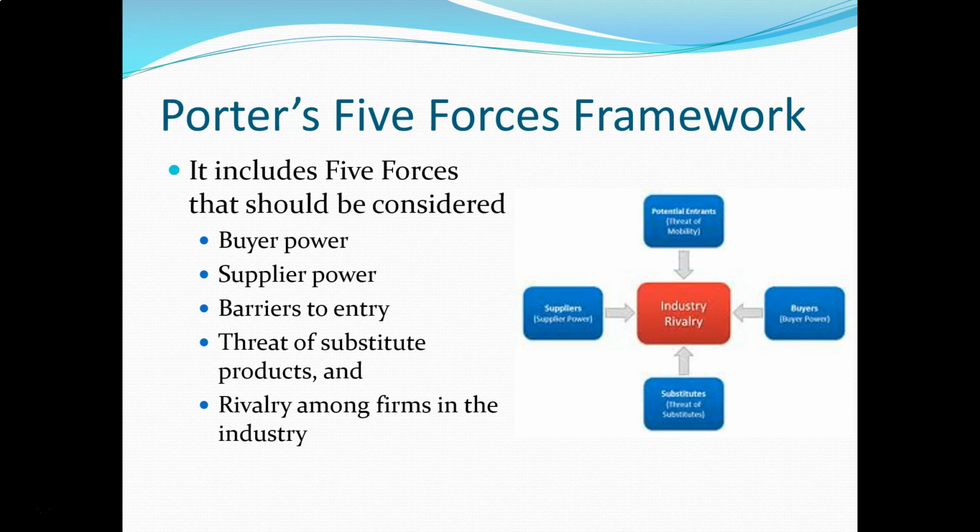The fifth force analyzes the competition among firms in the industry. This analysis will identify the number and the strength of competition or competitors. In addition, it will compare the quality of the competitor's product compared to yours.